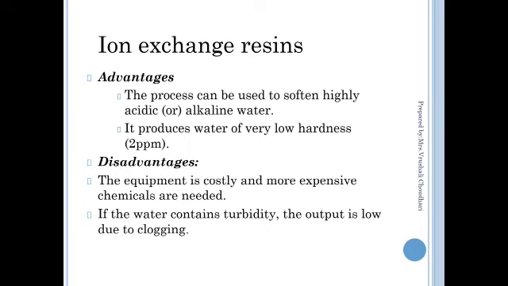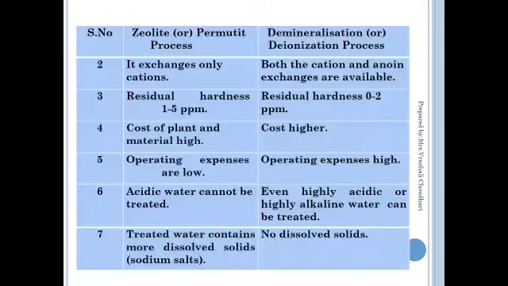Disadvantages: the equipment is costly and expensive. Chemicals are required. If water contains turbidity, the output is low, because the turbidity particles are going to block the exchange resins and the output decreases.